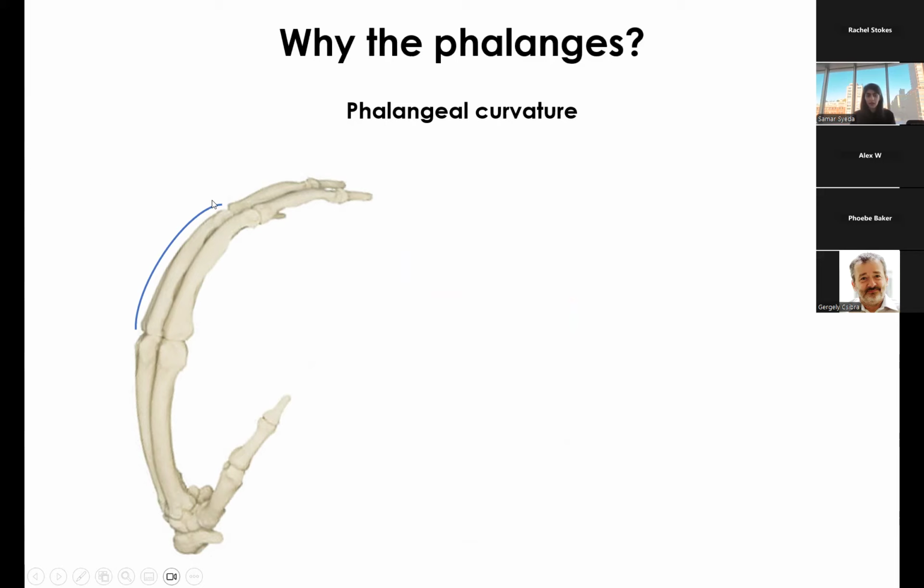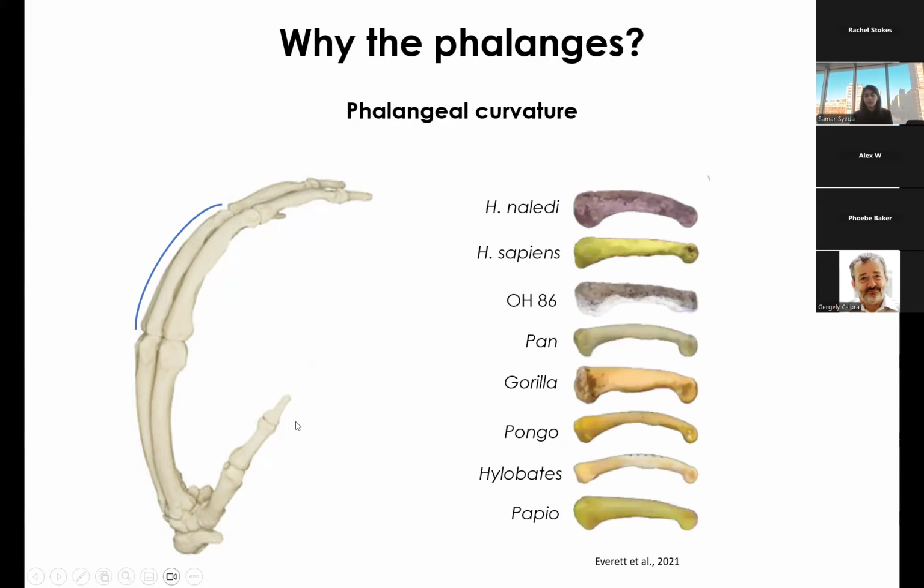It's been shown that the greater the curvature, the greater the degree of arboreality in a primate. There's a lot of variation across all the primates, and it is linked to how often they spend time in trees. And you can see that in the great apes and across fossil hominins as well.